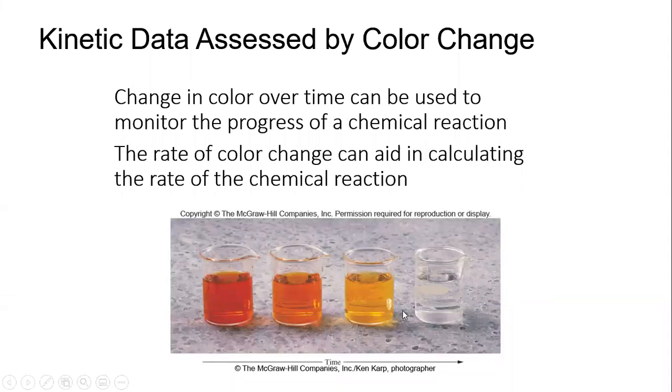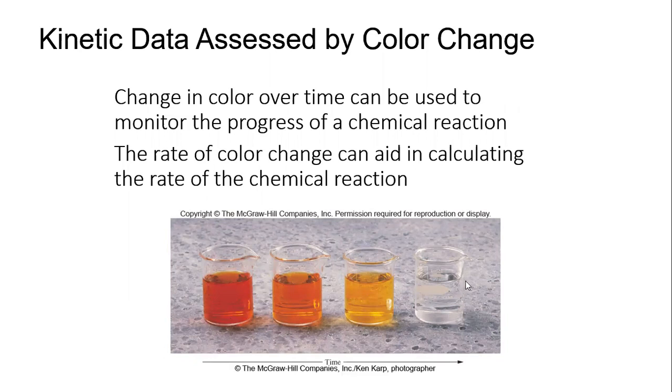And one of the good ways to do this is a color change. And so in this chemical reaction here, we start off with a red color solution. The reaction progresses over time and starts to turn an orange to a gold, and when it gets to colorless, it means the reaction has finished.